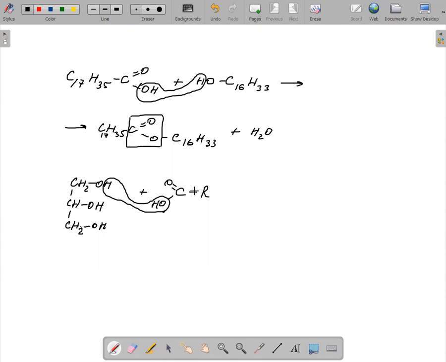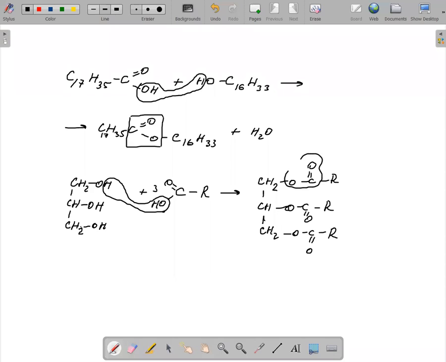To esterify all OH groups, we need 3 molecules of an acid, and the result is: this oxygen belongs to glycerol, then R, O, C double bond O, R. So again, we got an ester, a simple hydrolyzable lipid with 3 ester functional groups, minus 3 molecules of water.